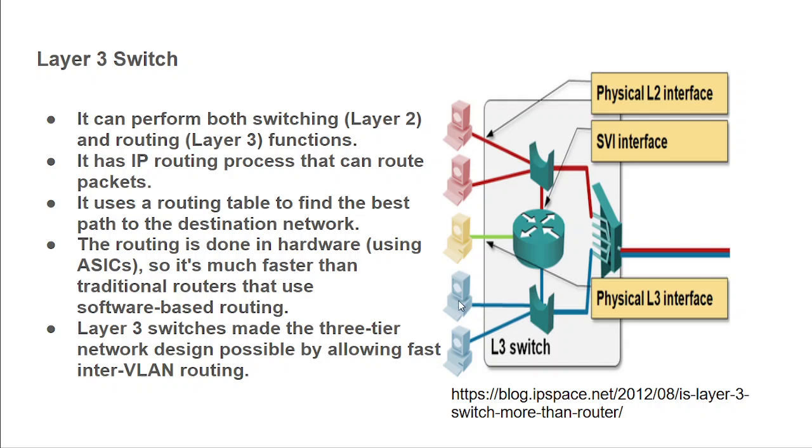The traffic from a device is connected as an access port, and then is routed to the routing engine in the layer 3 switch. This interface is called the SVI, the switch virtual interface. And the link between the device and the layer 3 switch is this physical layer 2 interface.